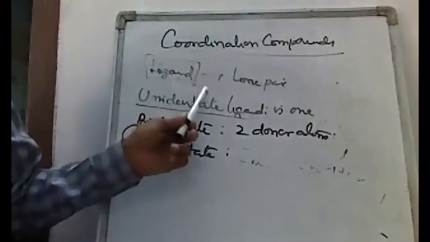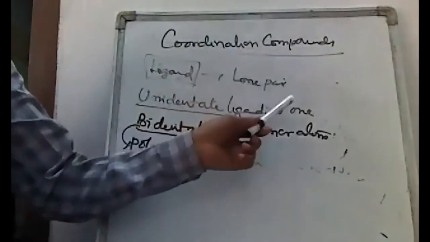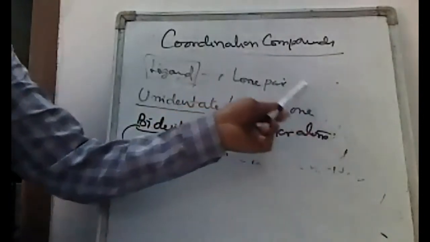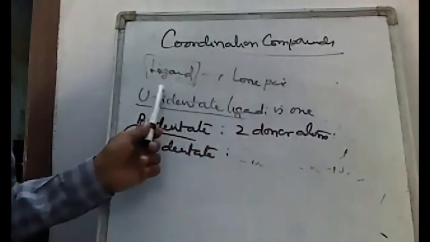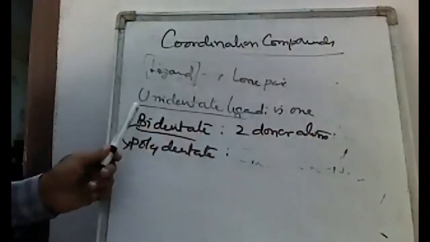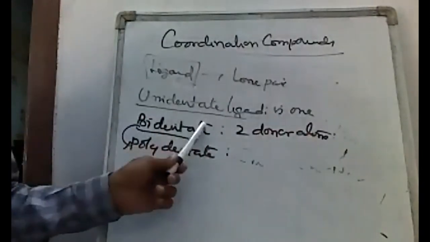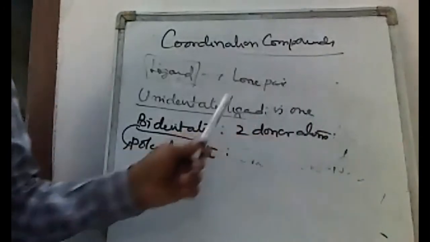So a unidentate ligand means a ligand which has only one donor atom and can form only one coordinate covalent bond with the central atom. Bidentate means which has two donor atoms, which can form two coordinate covalent bonds.